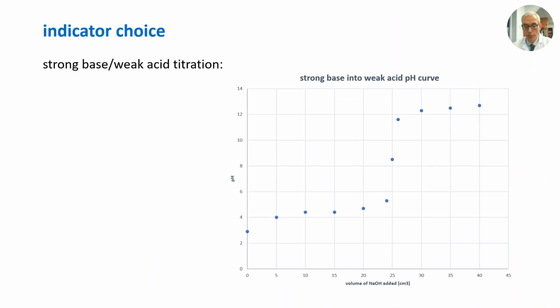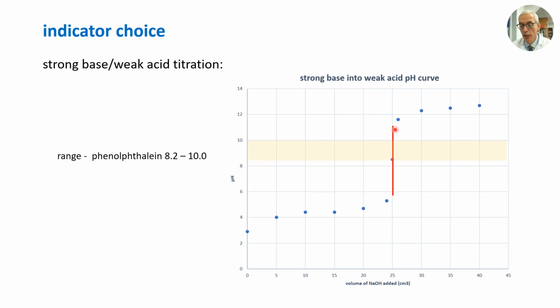But what about a strong base being added to a weak acid? Well, if I mark in the vertical section, I need an indicator whose range corresponds to that vertical section. So let's look at phenolphthalein, 8.2 to 10.